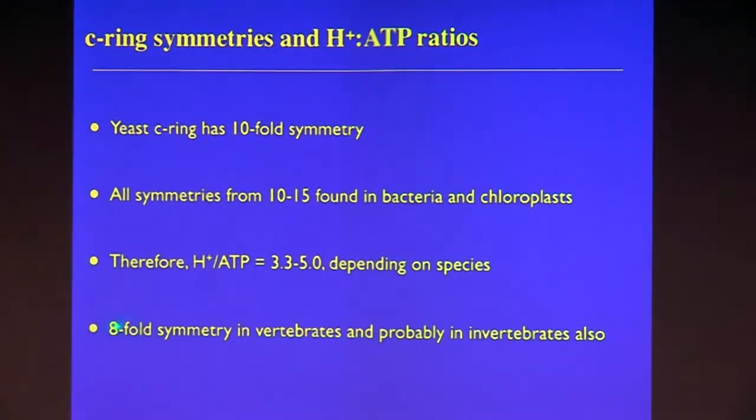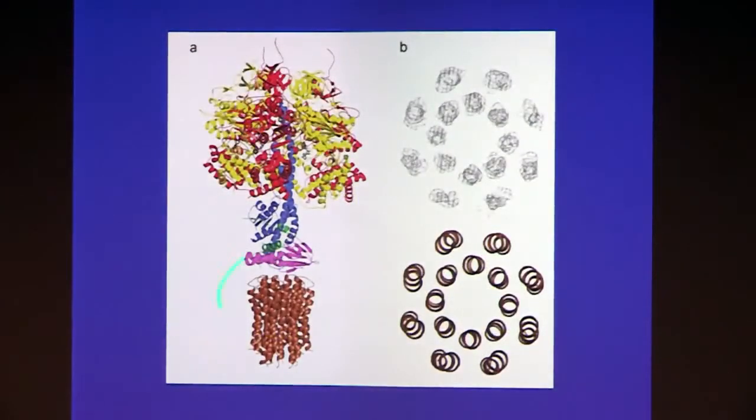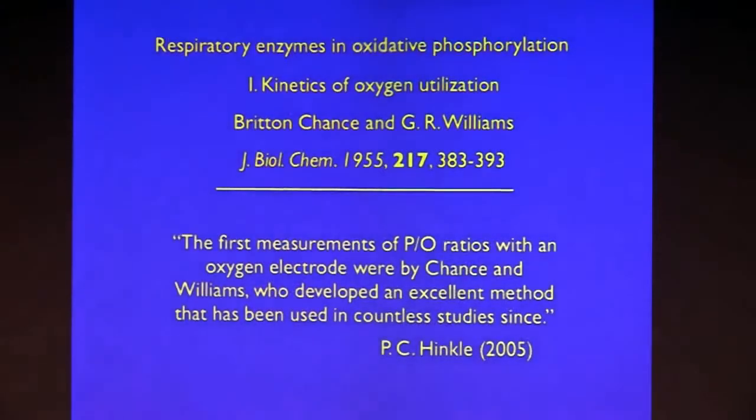It only pays 8/3 protons to make an ATP molecule. This shows the structure that we determined of the F1 with the 8-fold ring attached to it. This is the electron density, and there are 8 blobs here in the outer ring representing the C-terminal helix of the C protein, and 8 in the inner ring representing the N-terminal helix.